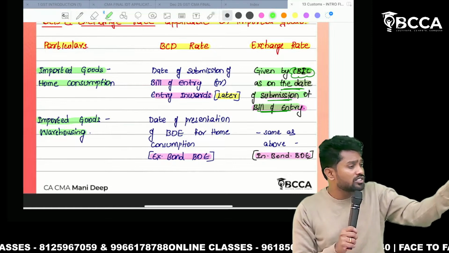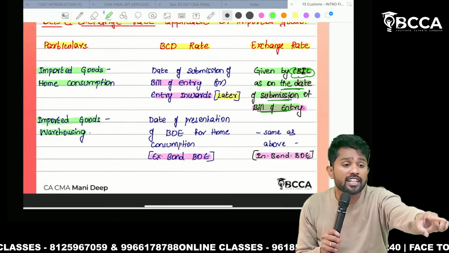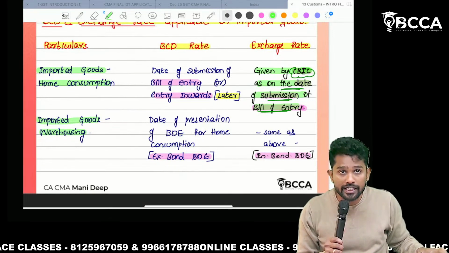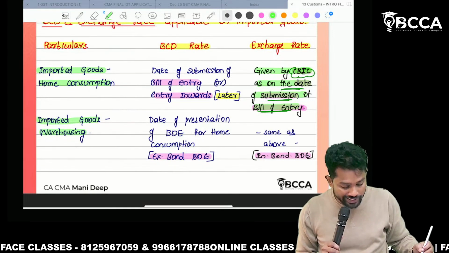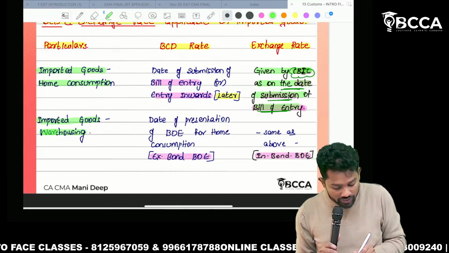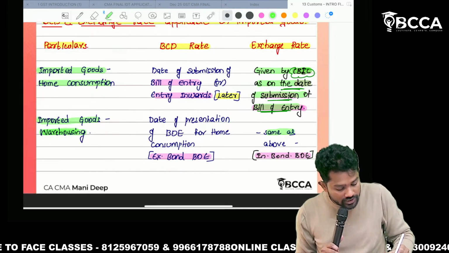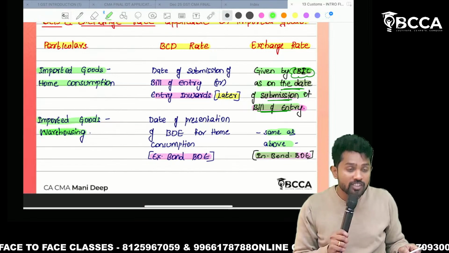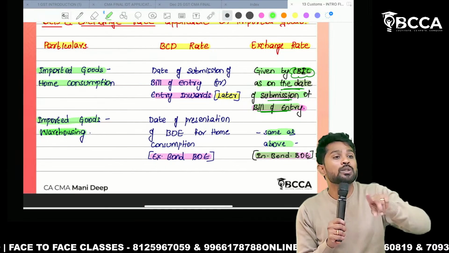On the date of submission of bill of entry, whatever exchange rate is there, that exchange rate only you should consider. And in case of warehousing, take the exchange rate as on the date of submission of bill of entry. But for warehousing, we know there are two bills of entry.